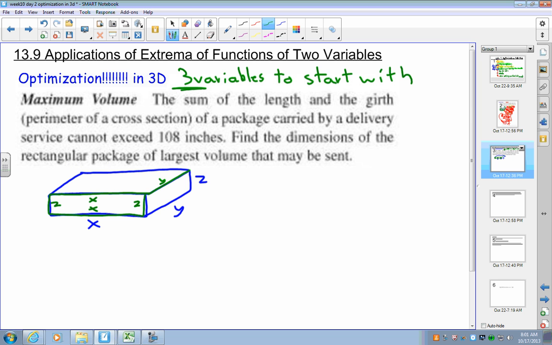So I could say my given is 2X plus 2Z plus Y equals 108. Okay?